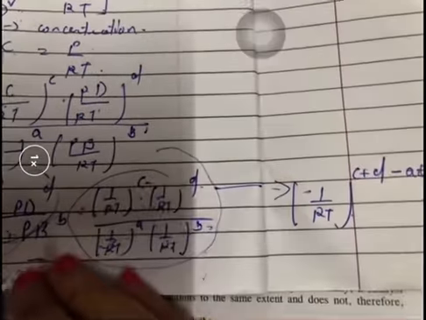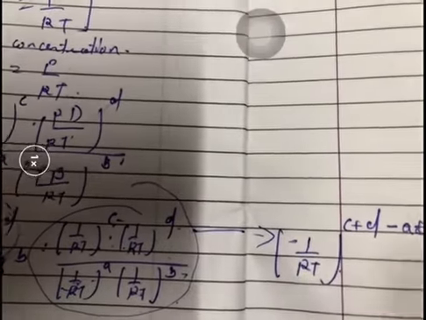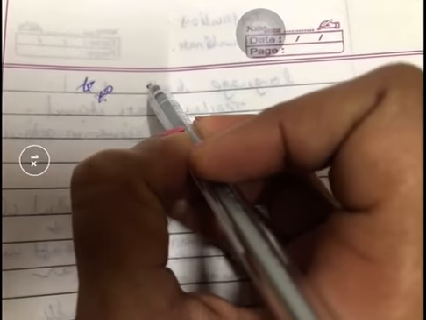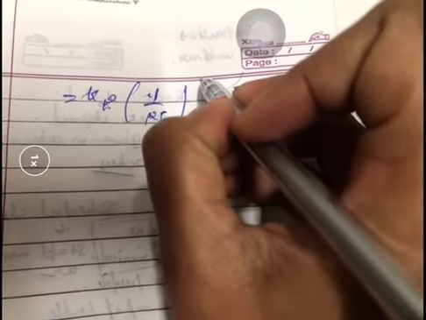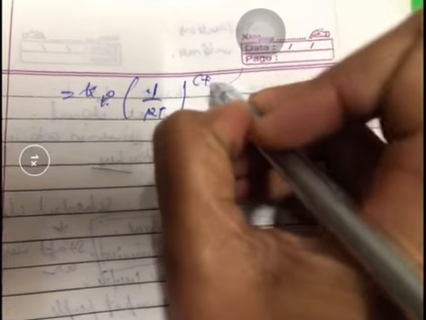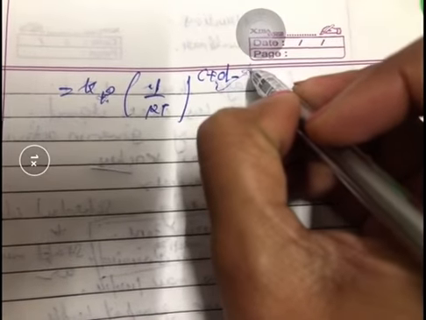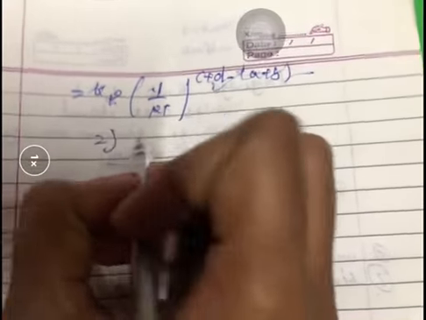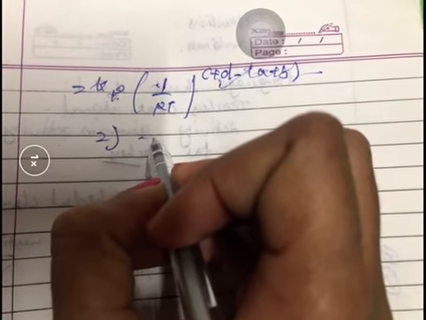So the new expression that I will get is Kc equals Kp into 1 by RT raised to power c plus d minus a plus b. Clear?